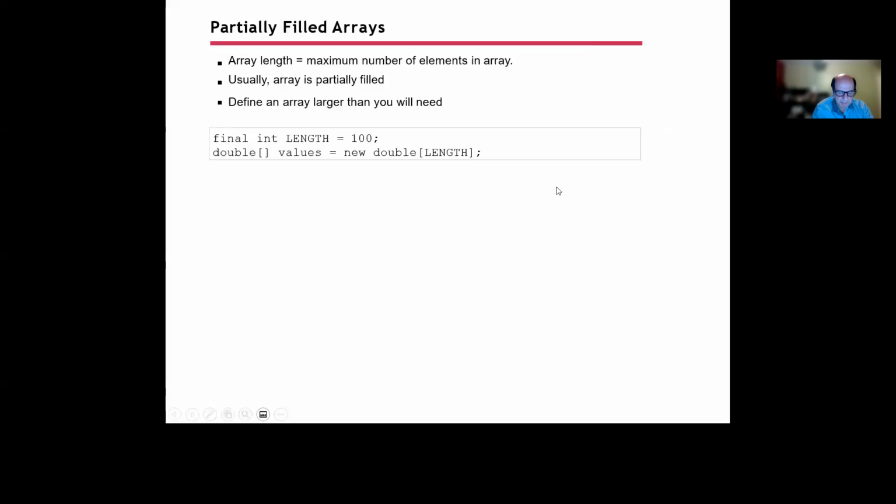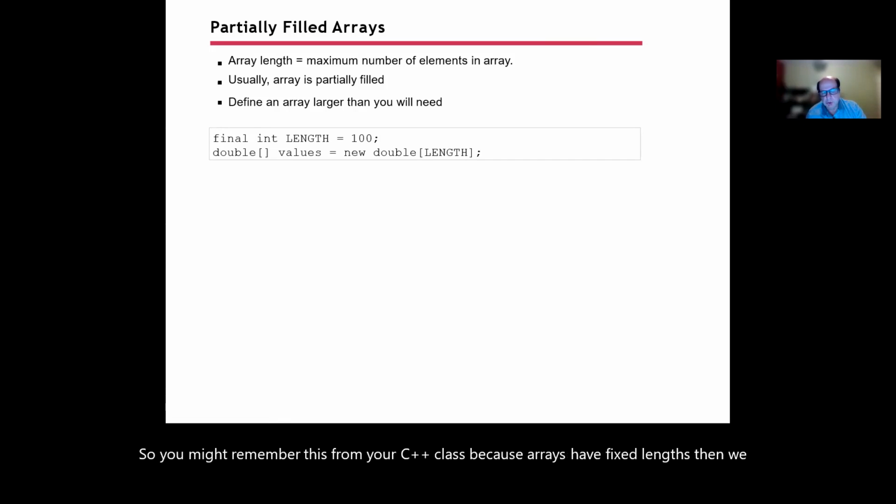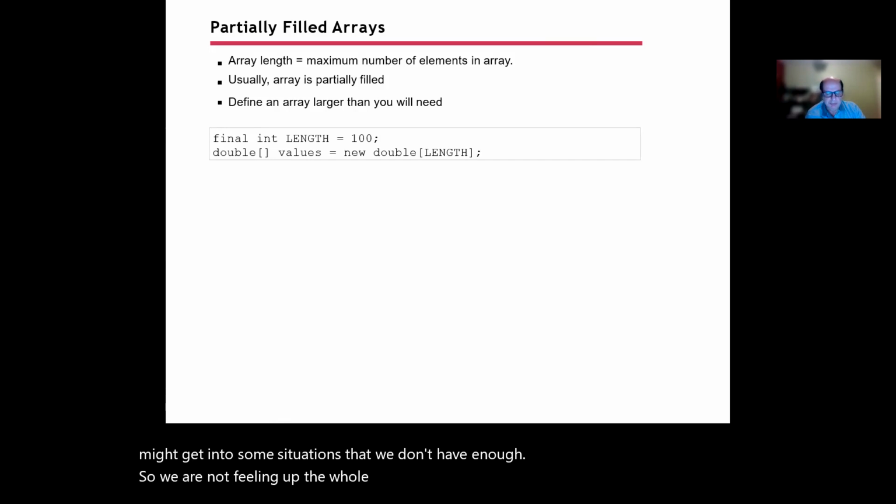So you might remember this from your C++ class. Because arrays have fixed lengths, we might get into some situations where we are not filling up the whole thing. At the beginning of the term, I might have 30 students in my class or 35 students.